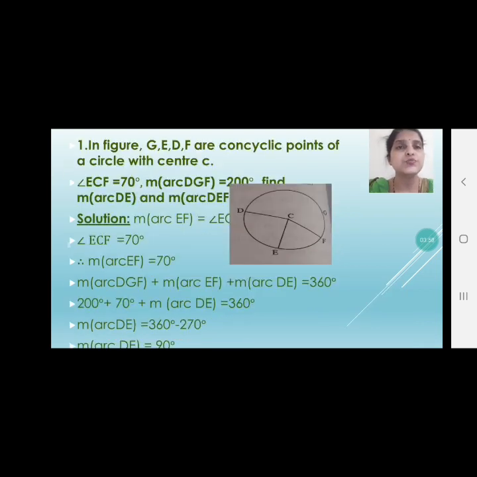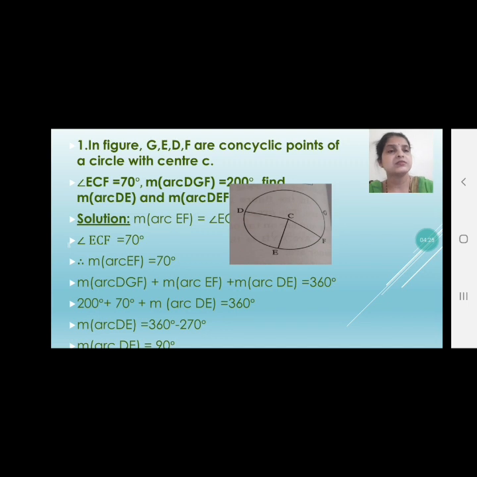Here first problem is given to us, that is G, E, D, F are concyclic points of the circle with center C. Angle ECF is equal to 70 degree and arc DGF equal to 200 degree. We have to find out arc DE and arc DEF, okay.